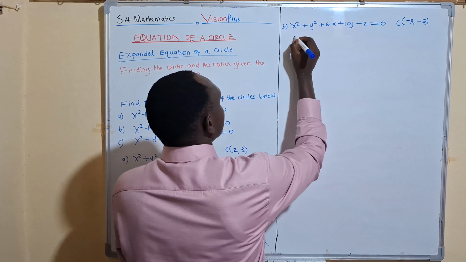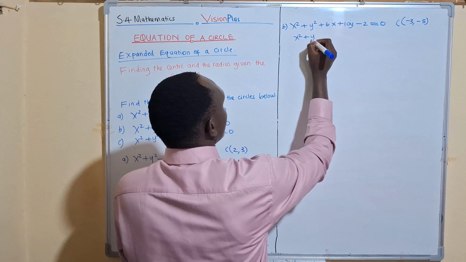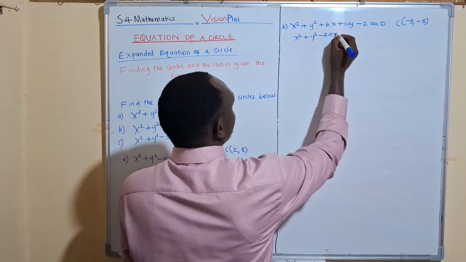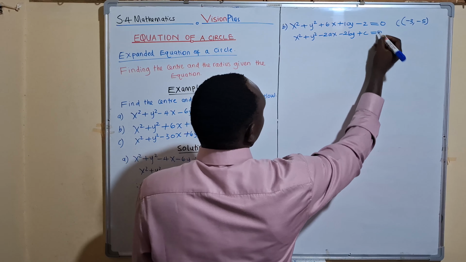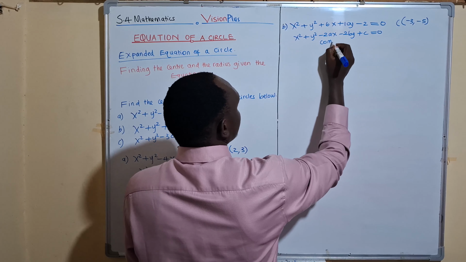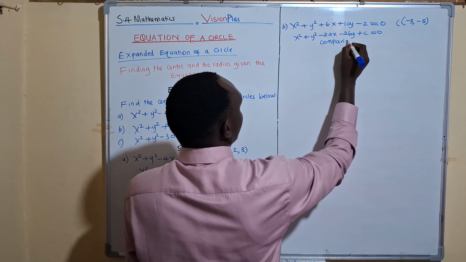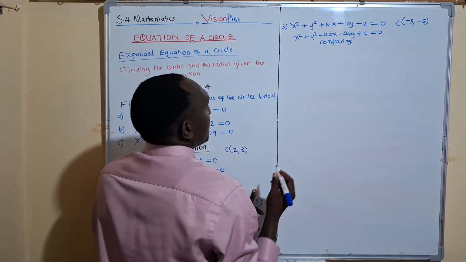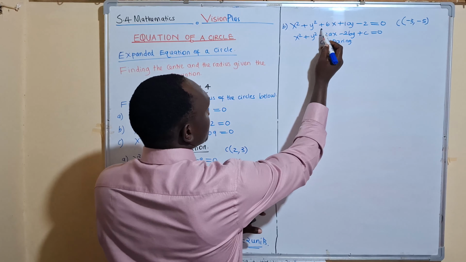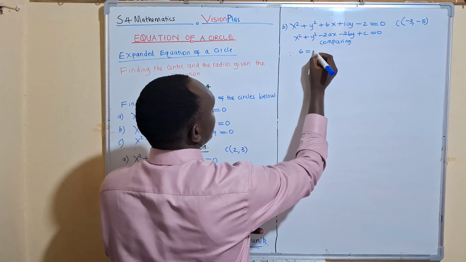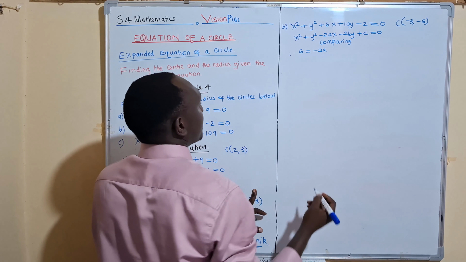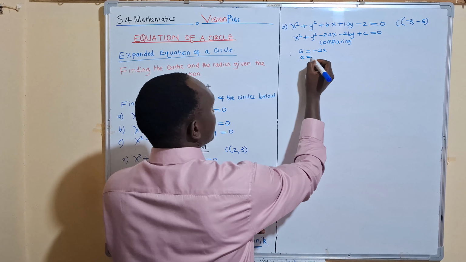So let's compare with x squared plus y squared minus 2ax minus 2by plus c equals 0. So let us compare the terms or coefficients. Comparing the two equations, you can see clearly that positive 6 corresponds to negative 2a. Therefore, 6 equals negative 2a. Divide both sides by negative 2, we find that a is negative 3.